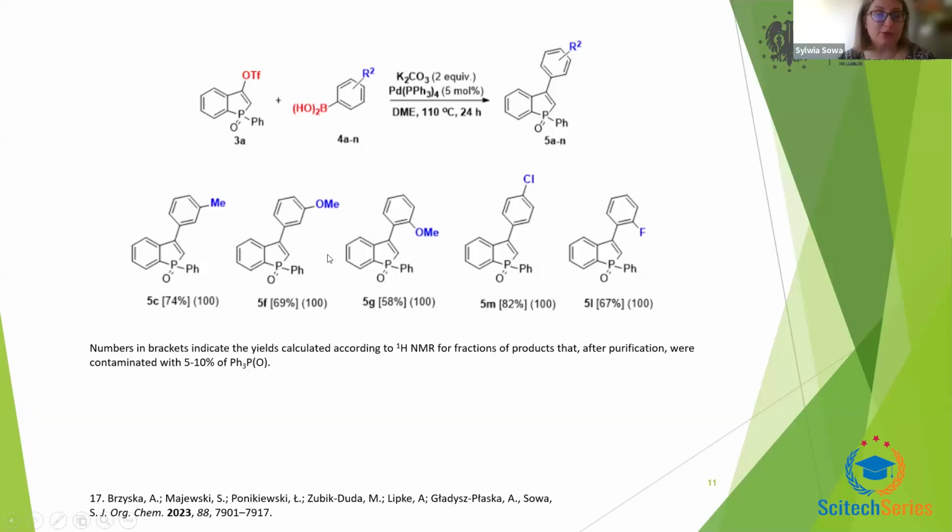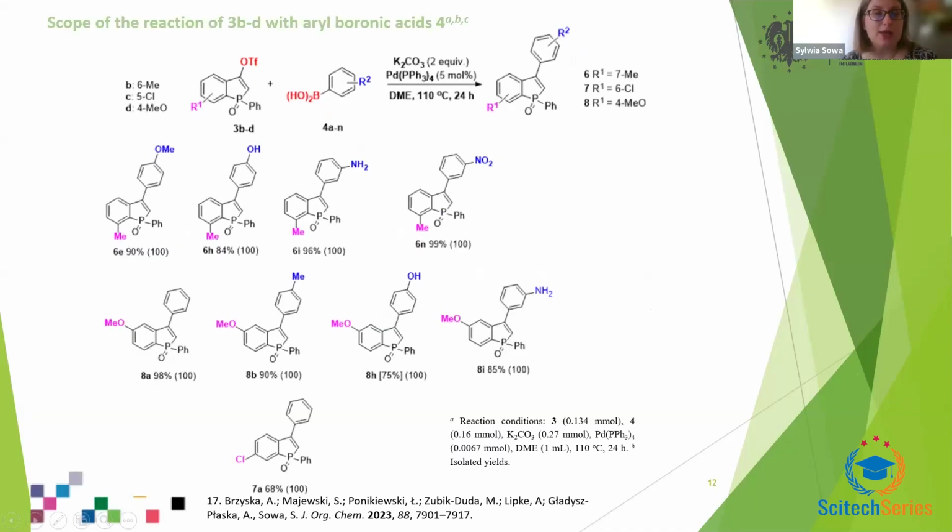We were unable to remove the triphenylphosphine oxide after a single column, and the yields were calculated for these compounds according to proton NMR. However, the amount of this triphenylphosphine oxide in the mixture with the product was about 5 to 10%, but it needs some improvement for the purification of this compound.